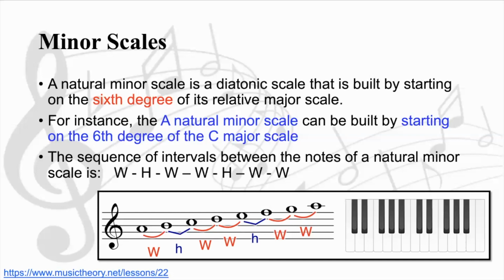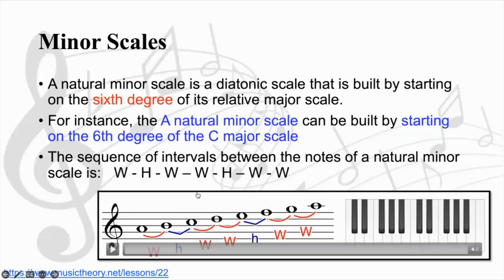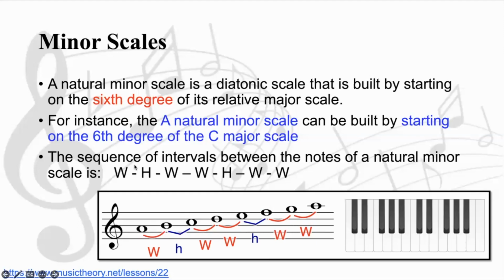D is the sixth degree of the F major scale. So then we just need to know, okay, it's the same as F major. D minor equals F major when we are singing. Okay. Is this clear?